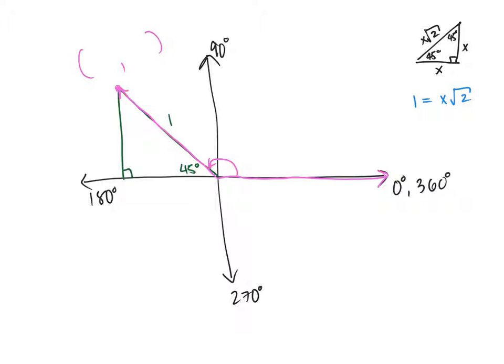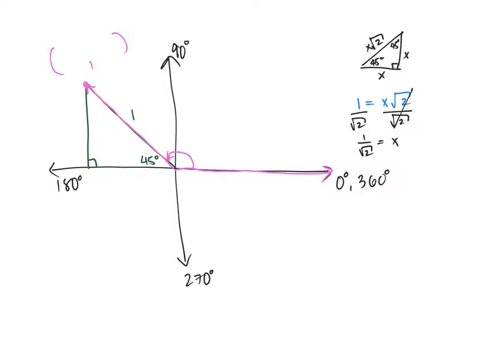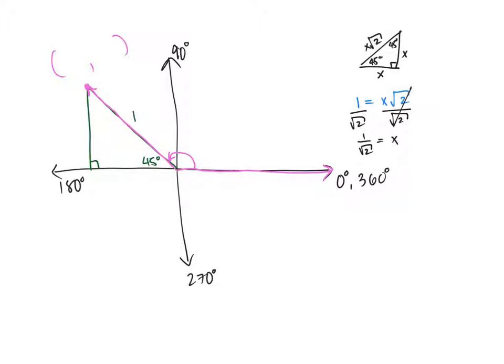If I want to solve for x, all I have to do is divide by the square root of 2. We did this last time in one of the journals. So I would have the square root of 2 here. Let me see if I can move this over so that it's not in the way so much, or maybe shrink this a little bit. Yeah, that's a little better.